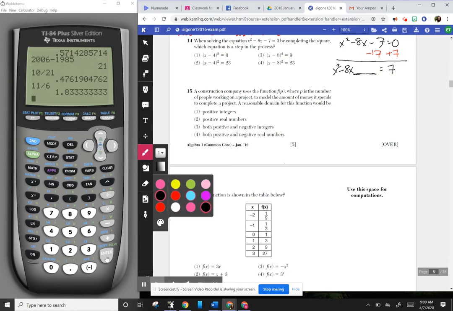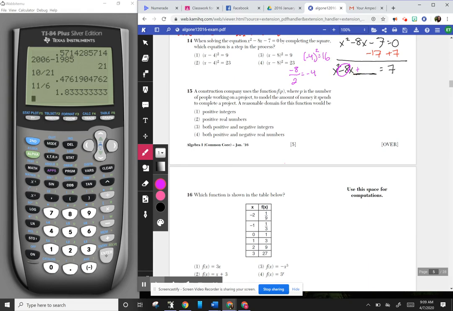And we're leaving a blank space there because we need to take our b, right? So this number here that's in front of x, we're going to take half of it. So negative 8 divided by 2 is negative 4. And then we're going to square that number. Negative 4 squared equals 16.